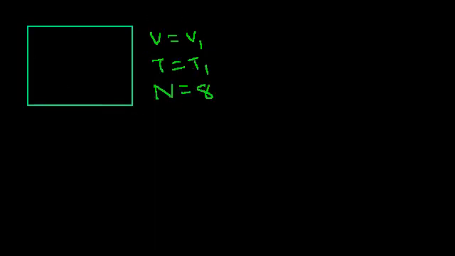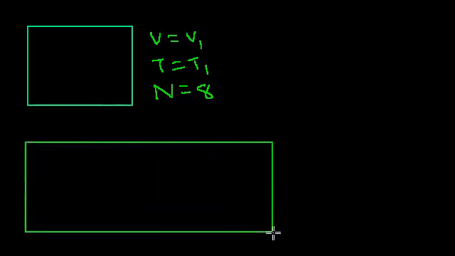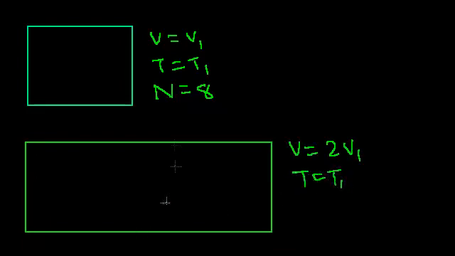And if we were to double the size of this container, which we did by blowing away that wall, now our volume is equal to 2 times V1. Our temperature is still equal to T1. We saw that a few videos ago. And we still have 8 molecules. All we can say is that the entropy of this system is higher. So now entropy is higher.